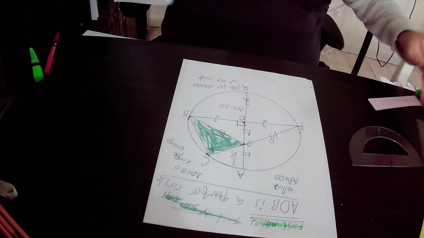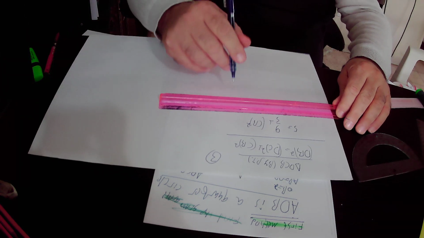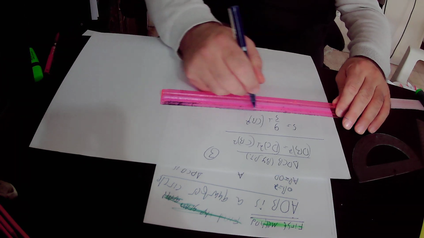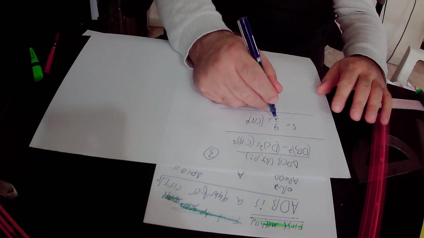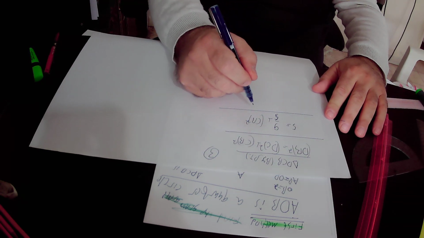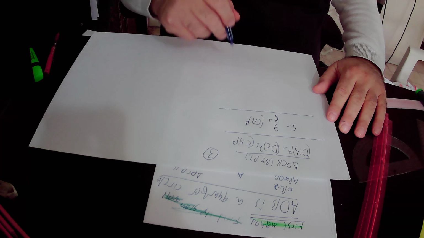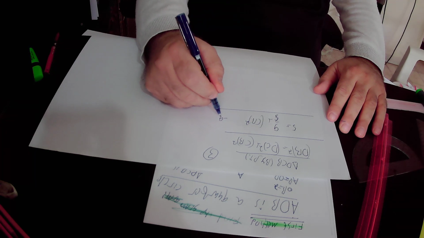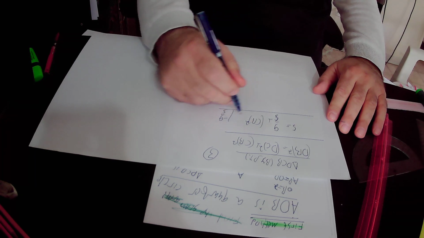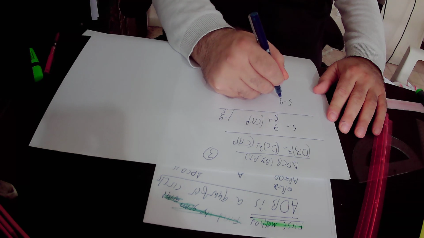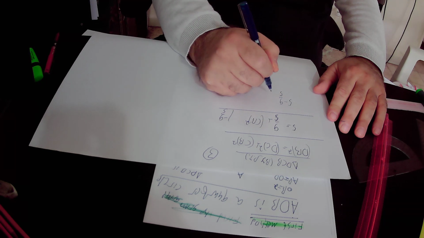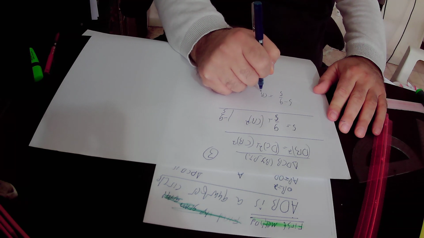So in conclusion, we found out that 5 equals 9 over 5 plus CB square. Here we subtract 9/5 from this equation, and we get that 5 minus 9/5 equals CB square.